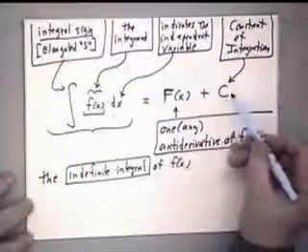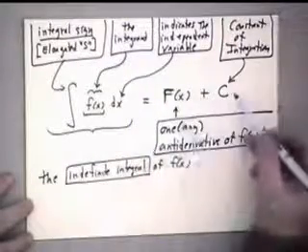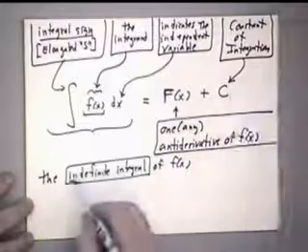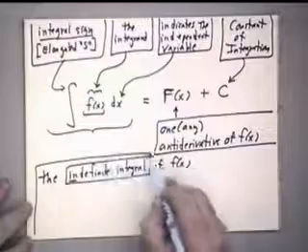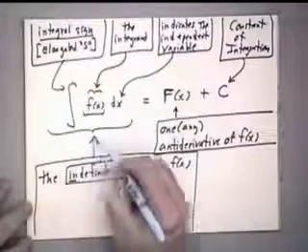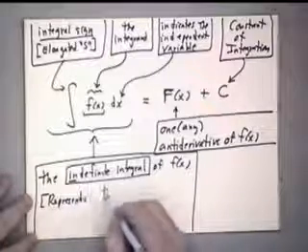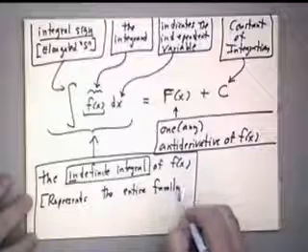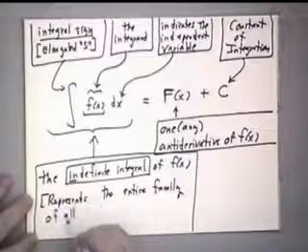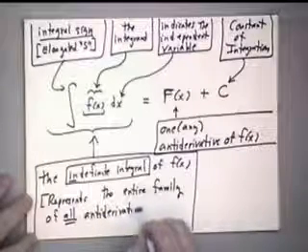Why is it called indefinite? Well, because it represents a family, and depending on what c you choose, you get a different value. So it's indefinite until you choose a c. So that's the reason for the word indefinite. And we can say a little bit more about it. It represents the entire family of all antiderivatives for little f of x.